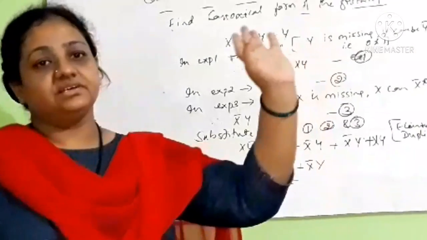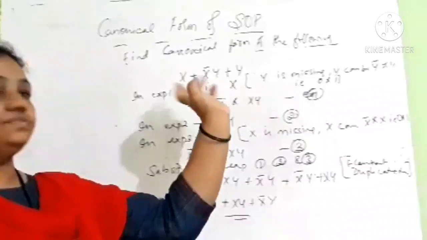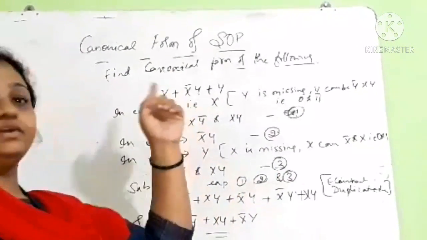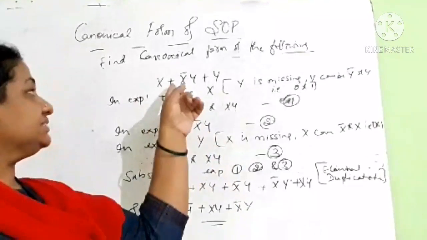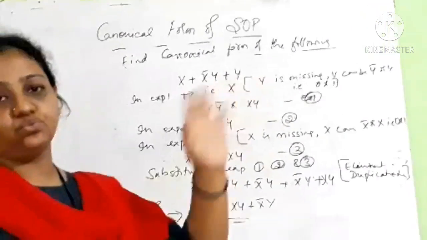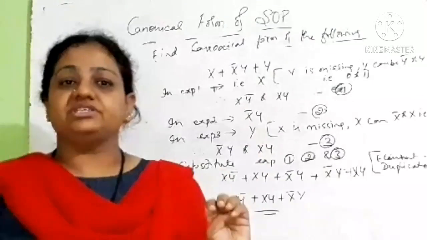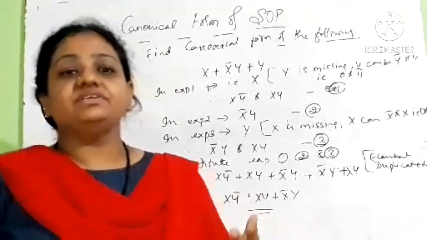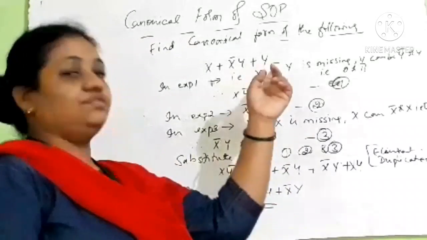Let me repeat how we can convert the given expression to the canonical form. So here we have a Boolean expression x plus x bar y plus y. This expression is not in a canonical form. Why are we saying that it is not in the canonical form?